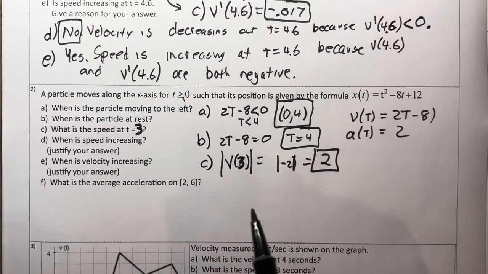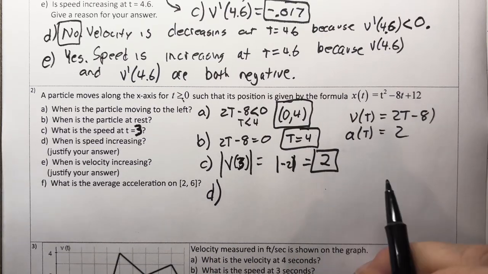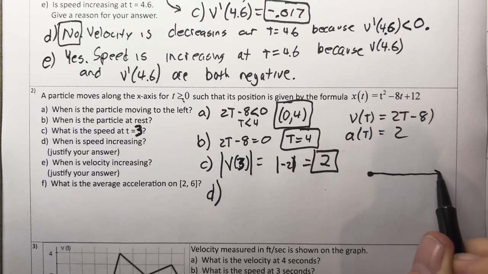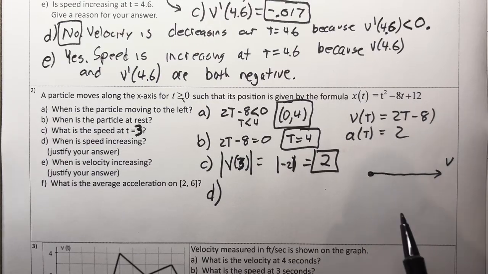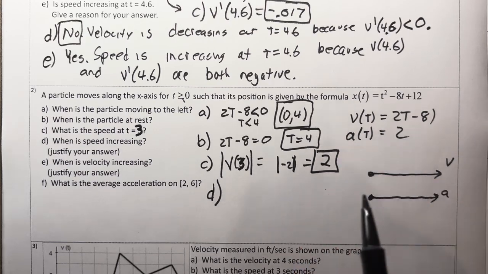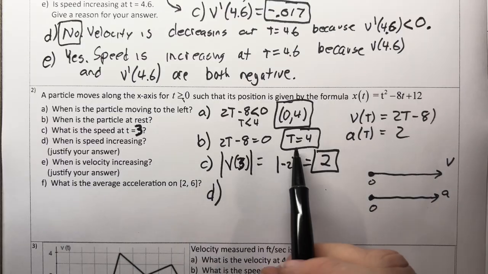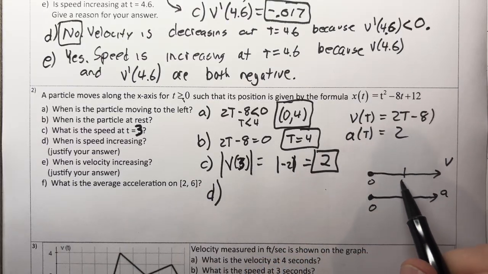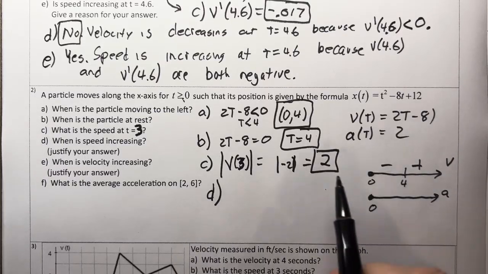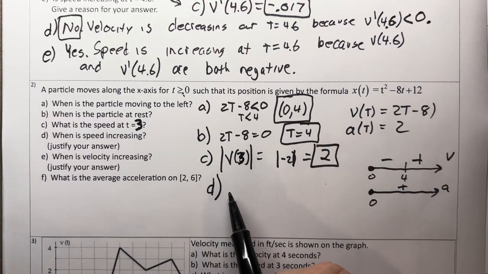All right, when is speed increasing? Well, we want to do a signed number line of velocity and a signed number line of acceleration. Remember, t has to be greater than 0. For velocity, we already figured out that the dividing point was at 4, and that it will be negative, then positive, and acceleration is positive the whole time. So when is speed increasing?